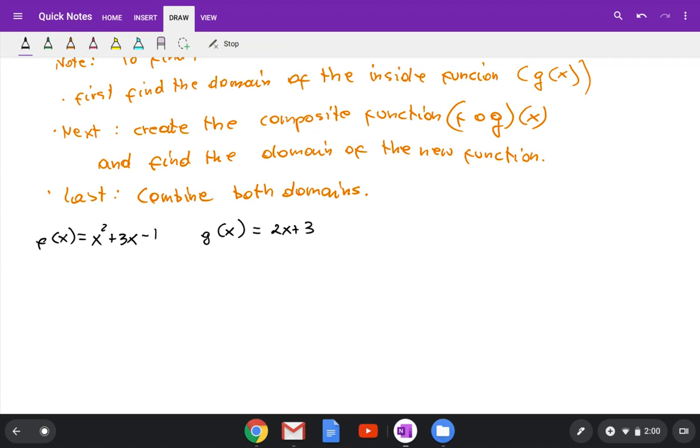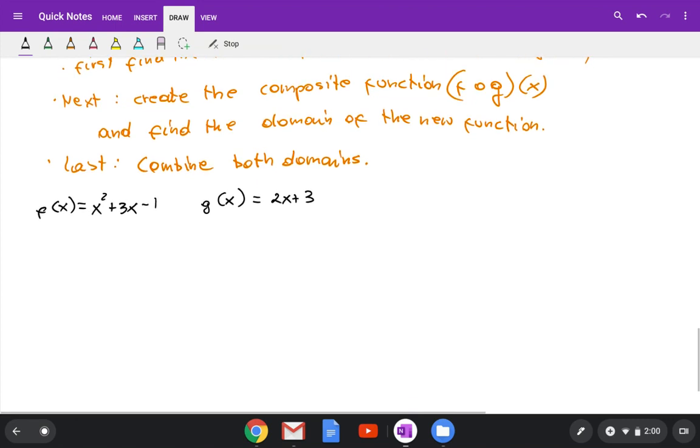This is the example which the textbook also explains. Later I will do a little more advanced example. So here what they want us to do, in A, they want us to create a composition f composed with g of x and find the domain.